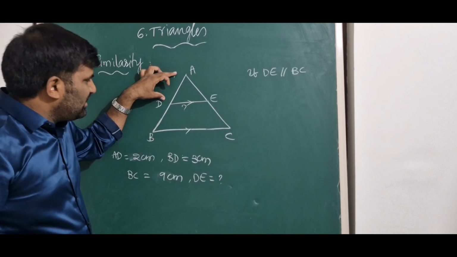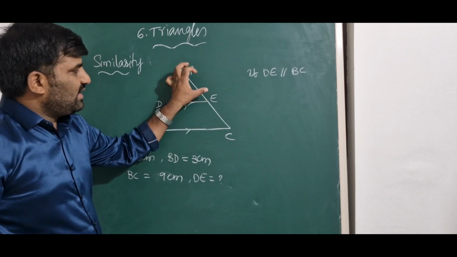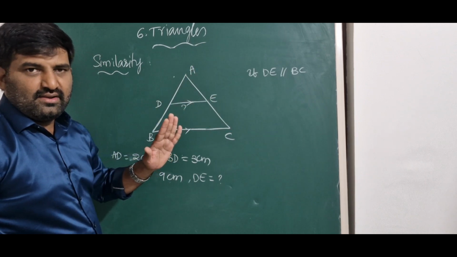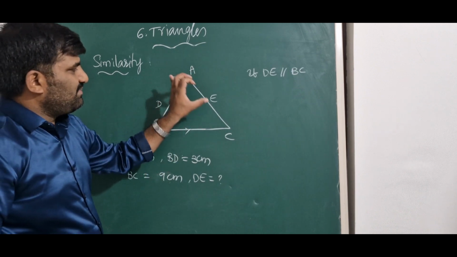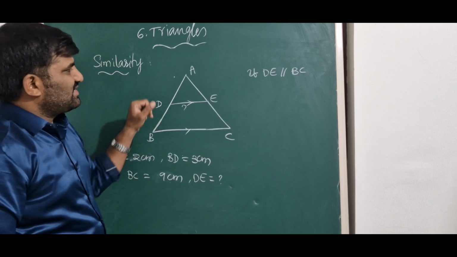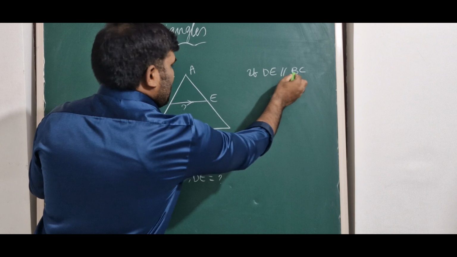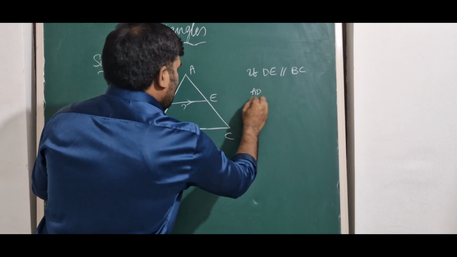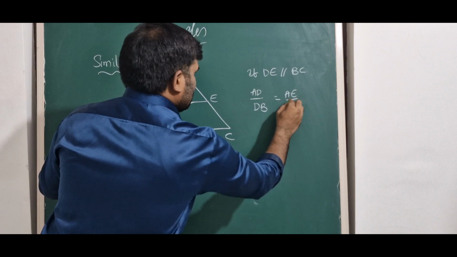BPT tells about only the sides, that is AD by DB is equal to AE by EC. Here the AE by EC value is not given, and it is also not required, so we will not use the concept AE by EC. But to prove two triangles are similar, we can use parallel lines. If DE is parallel to BC, we can say AD by DB is equal to AE by EC.